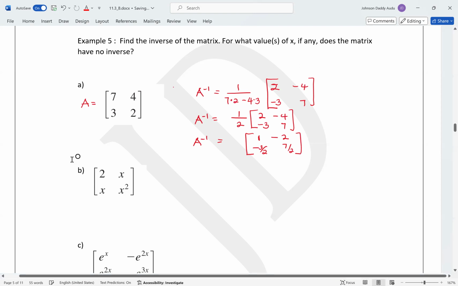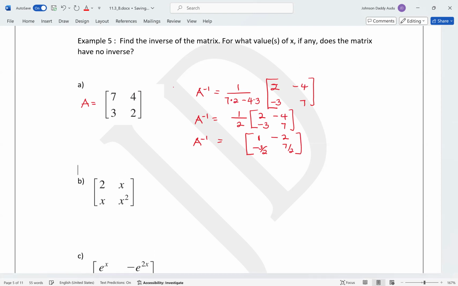Now, the first thing you want to do is check the determinant of A. What is the determinant of A? Even before you find the inverse, you should do that first. So here you can start by looking for the determinant of A, which is 7 minus this, which is just going to be 1.